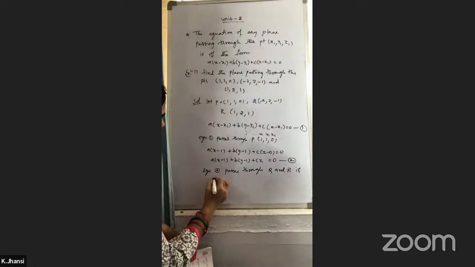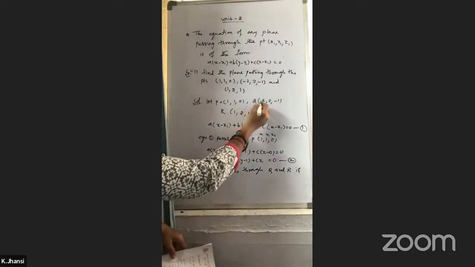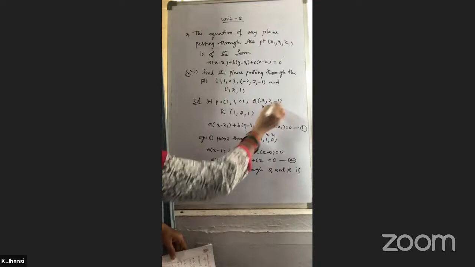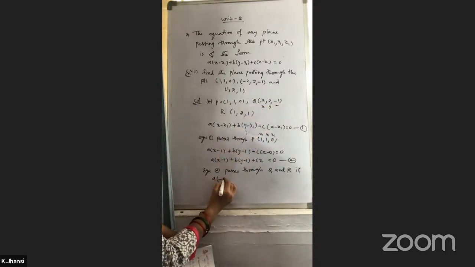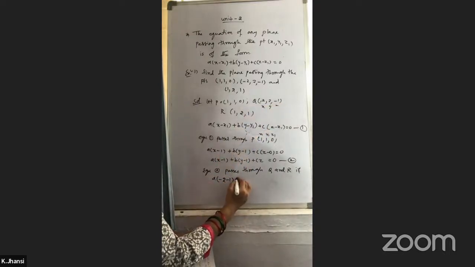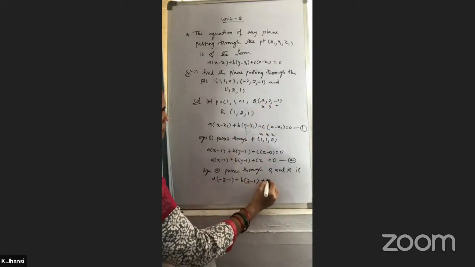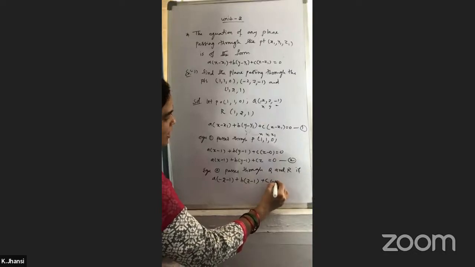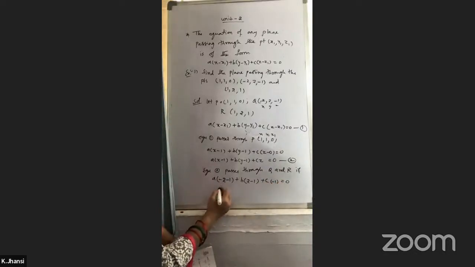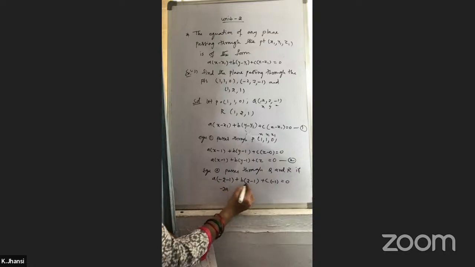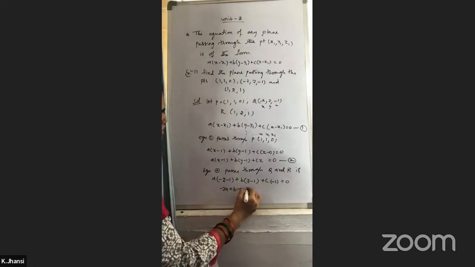You will get a(-2 - 1) + b(2 - 1) + c(-1) = 0. If you simplify this, -2 - 1 means -3a, 2 - 1 is 1, so b, and this is -c equals to 0.